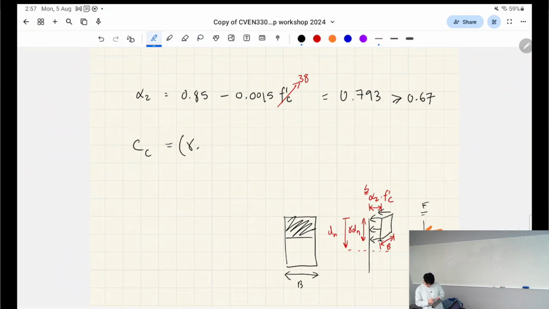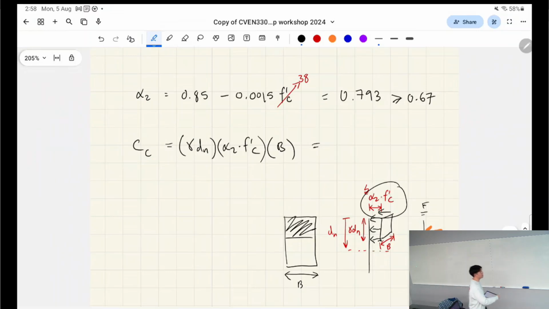Okay, so basically let's find all those multiplied together. So it's gamma dn on this axis, right? Alpha 2 fc on this axis, and the width, right? So now we've got the force. We've got what this is equal to, because we multiplied the stress by the area of concrete in compression. By the way, the stress was this part.